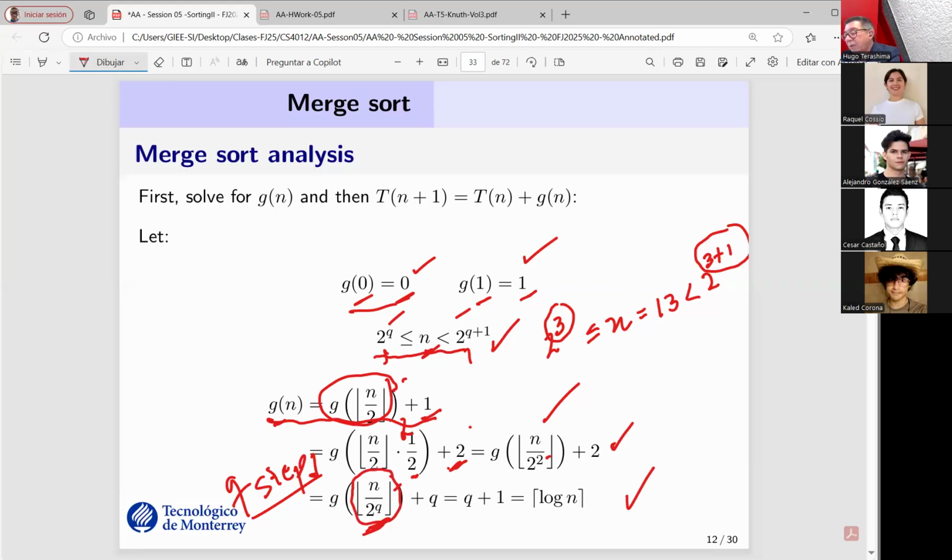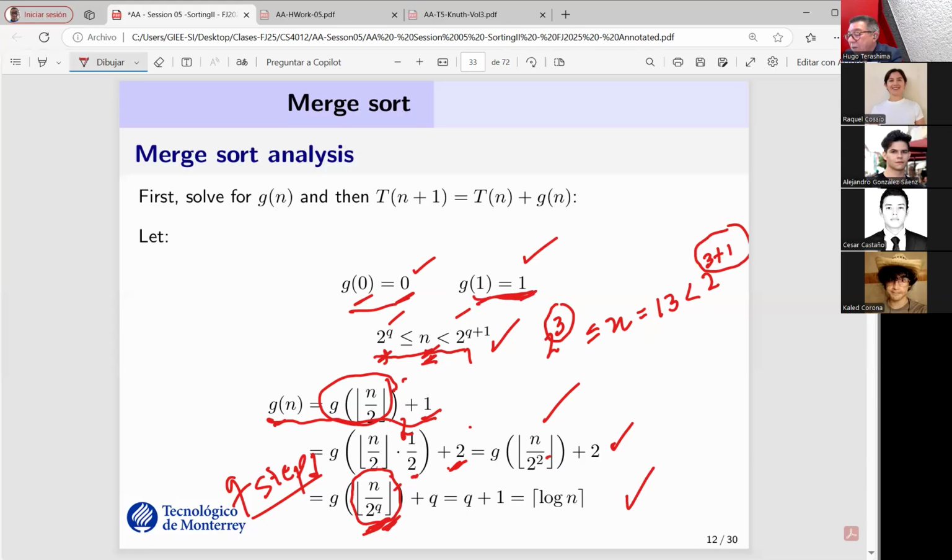When you have the final element, what is that value? 1, right? G of 1 is where you're going to stop.